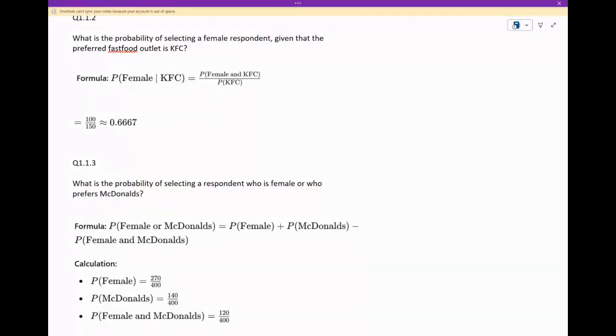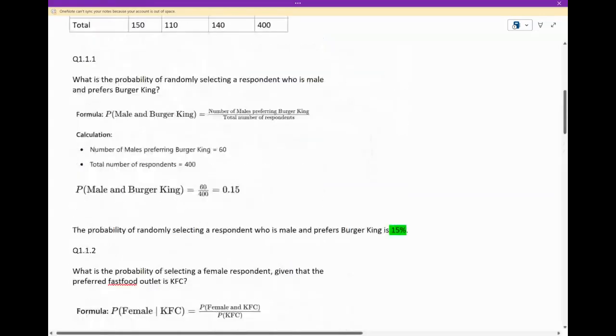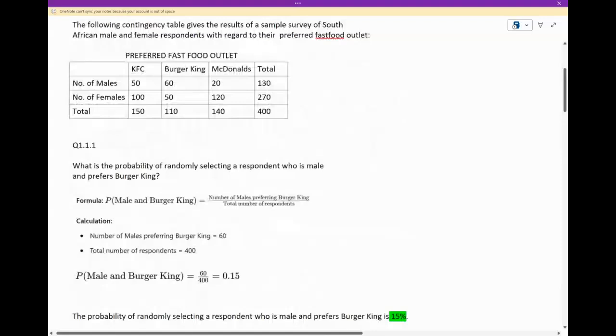Here they're saying given that the preferred fast food outlet is KFC. This is where we say the probability of this respondent being female and preferring KFC, what is it? 50.